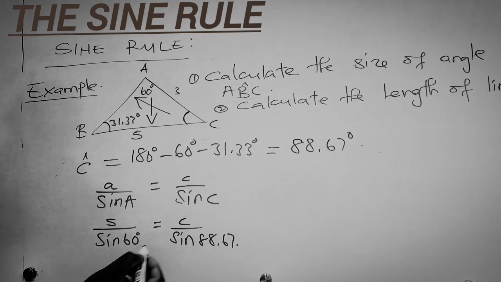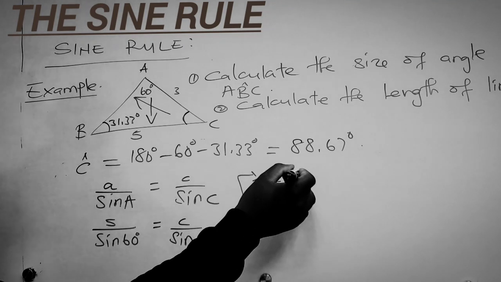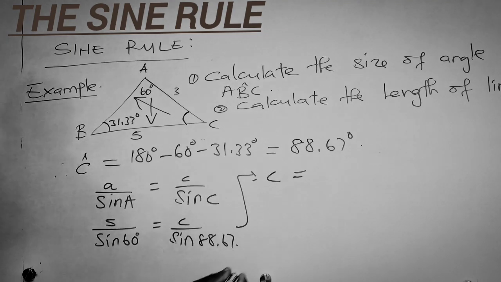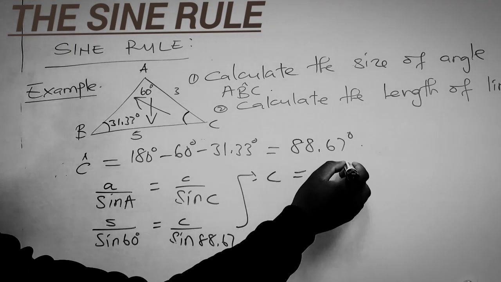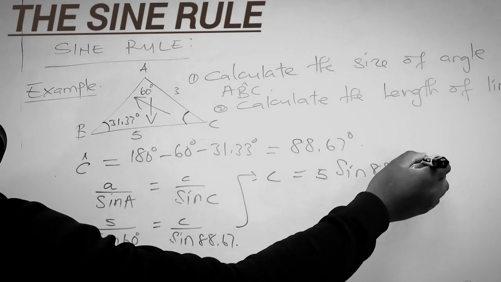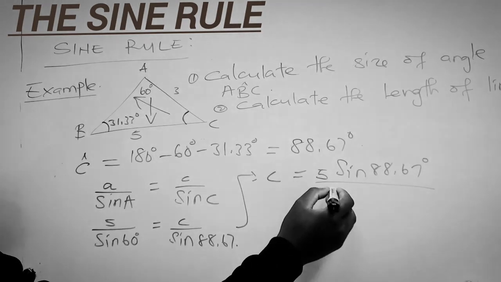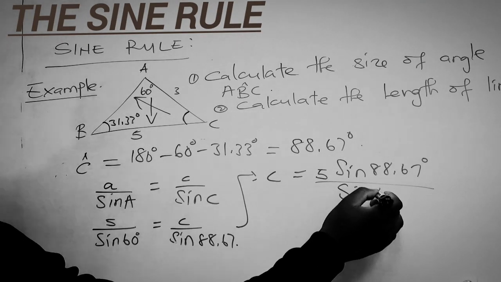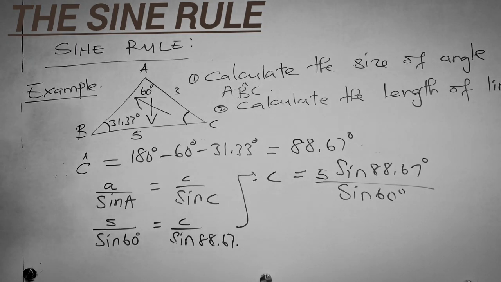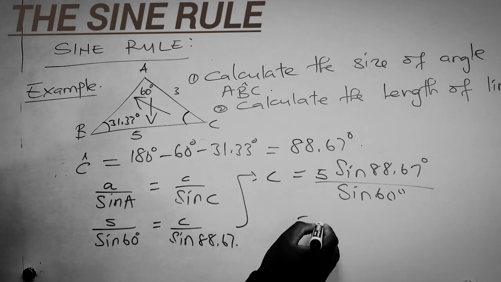So for us to find c, we multiply by sine 88.67 throughout. So it becomes 5 sine 88.67 degrees over sine 60 degrees. Then we find the length of our side.